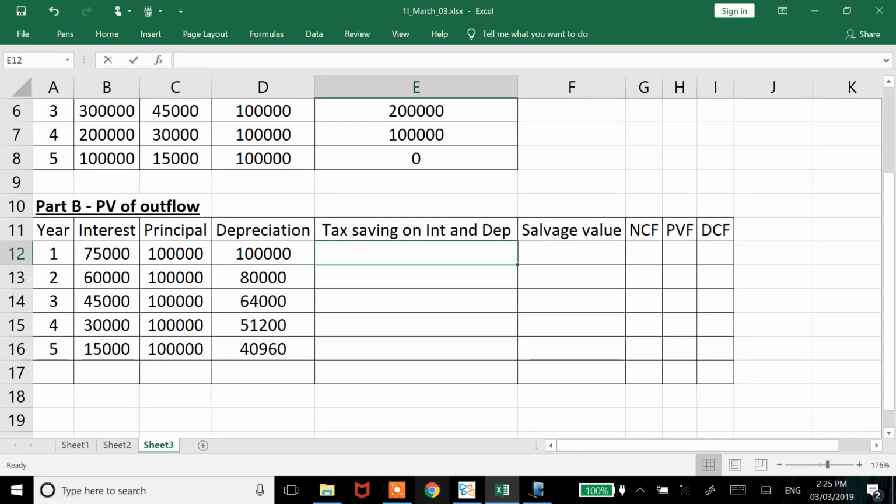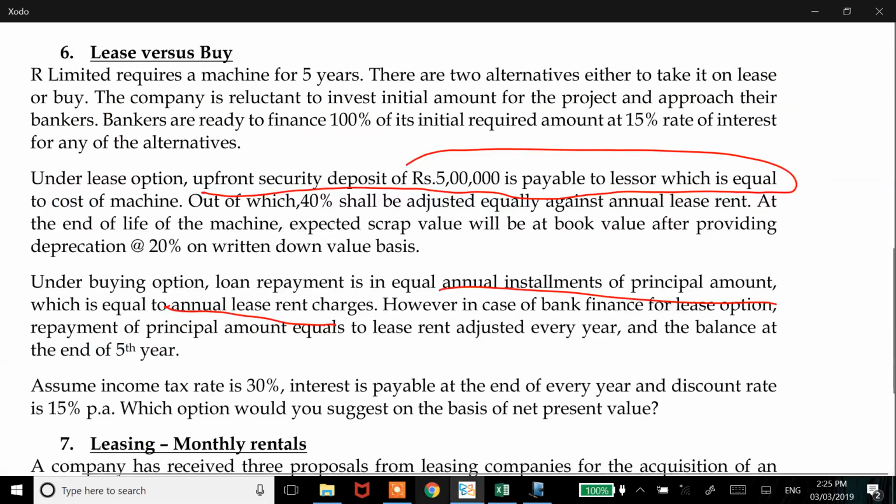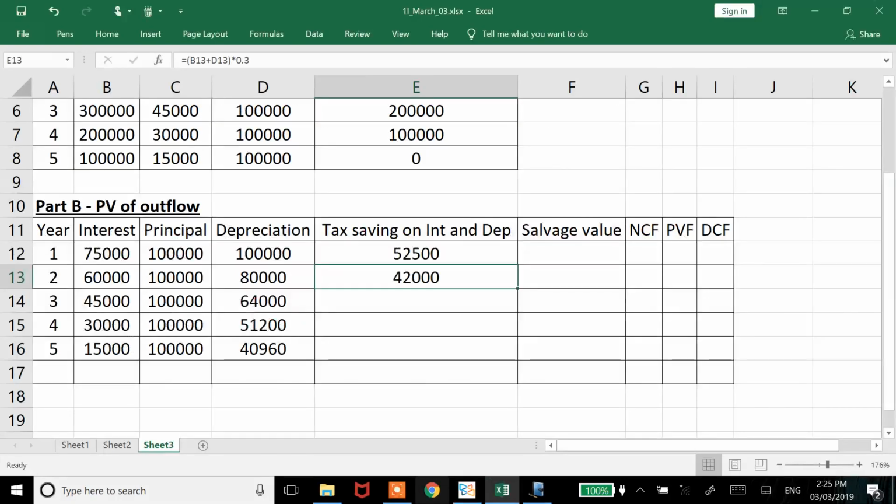What's the tax rate? Tax saving is interest plus depreciation into 0.3. Nothing changes as far as the loan option, that is the buying option, is concerned. It's only in the lease where we bring in a little bit of complication.